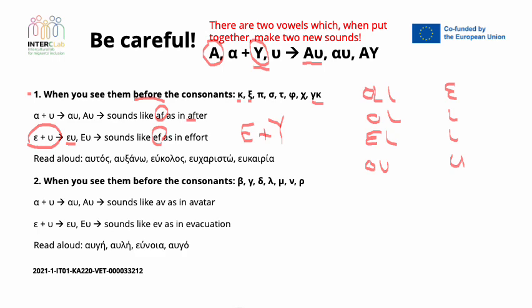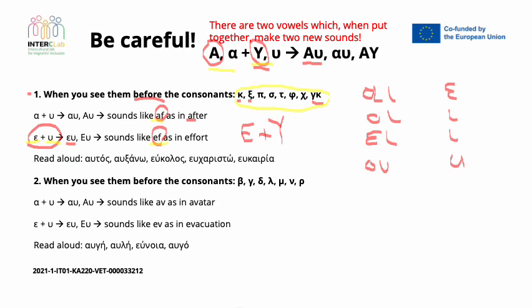So a and e, and e and e, when together and before this group of consonants, make the sounds af and ef respectively.